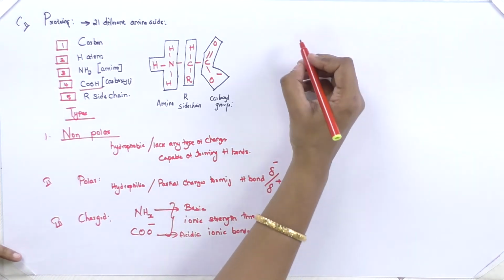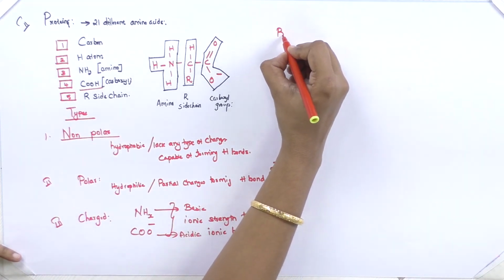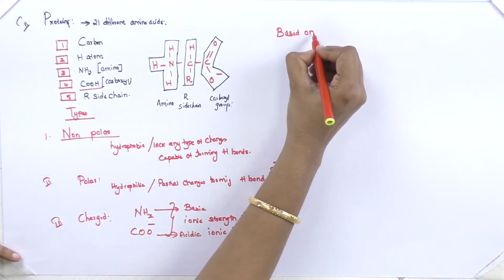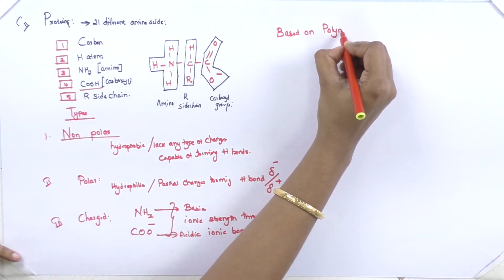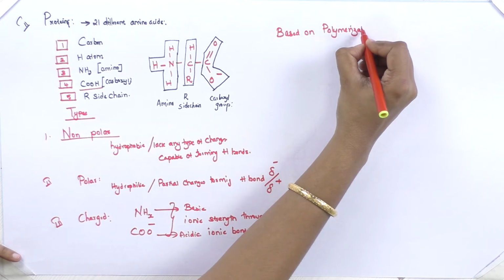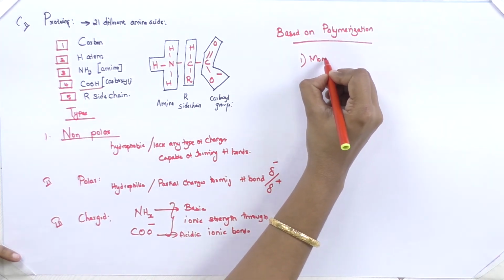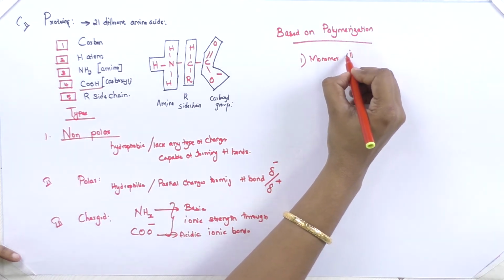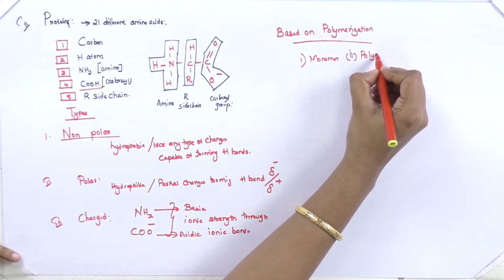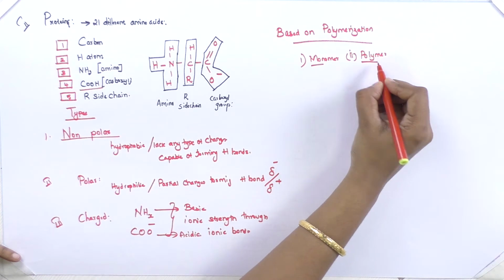Based on polymerization, it is of two types. The first type is monomer and next comes the polymer, which you have already seen, one compound and for two compounds, 1, 2 or 3.